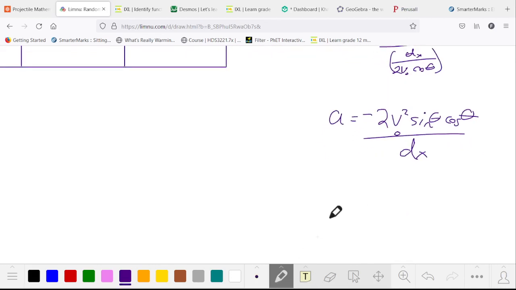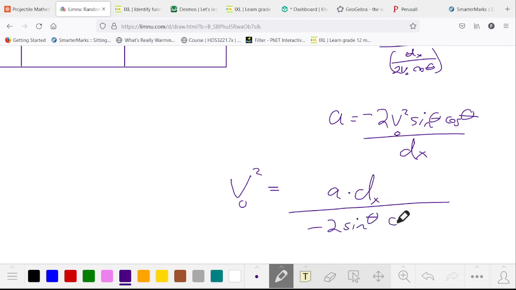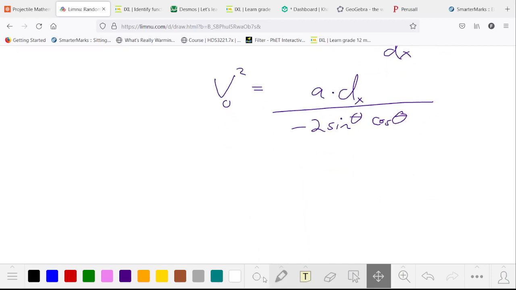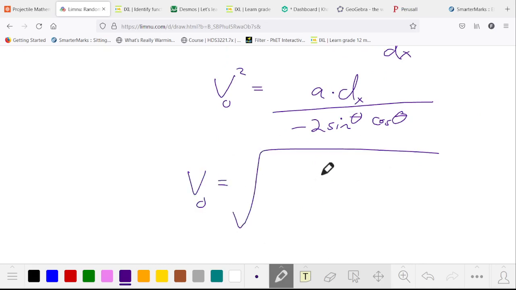It looks intimidating because it's more involved than what we are used to. But that means our V naught squared is A times dx over negative 2 sine theta cos theta. But our V naught is now known because we have all of this information here.